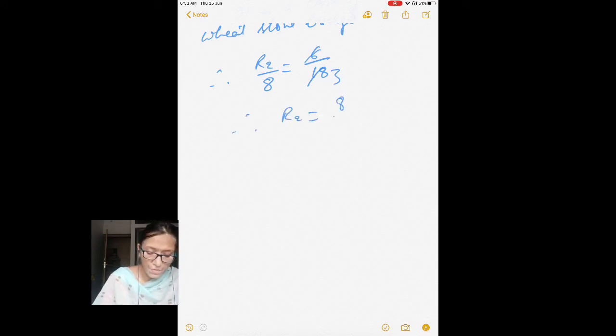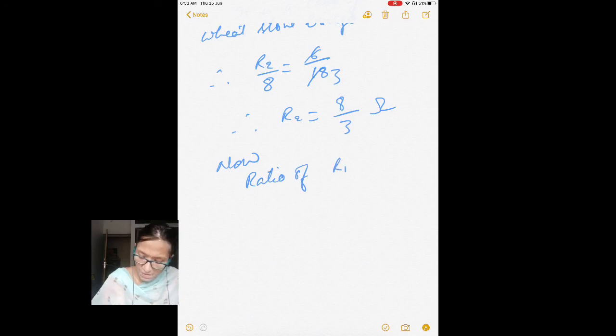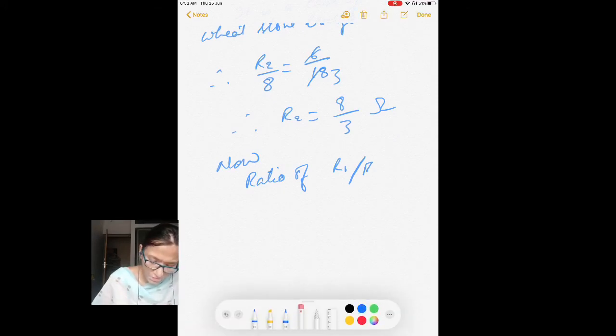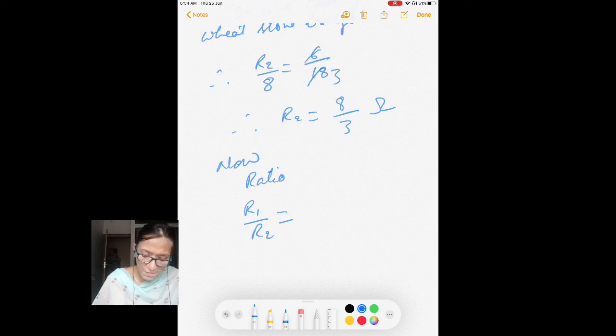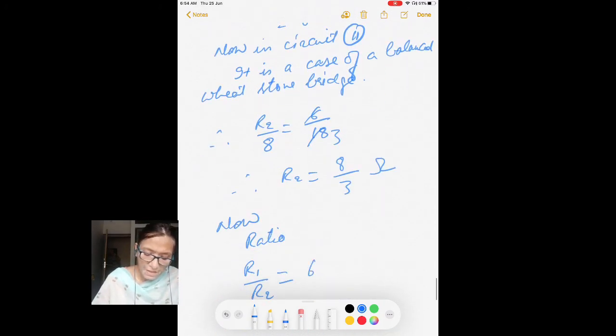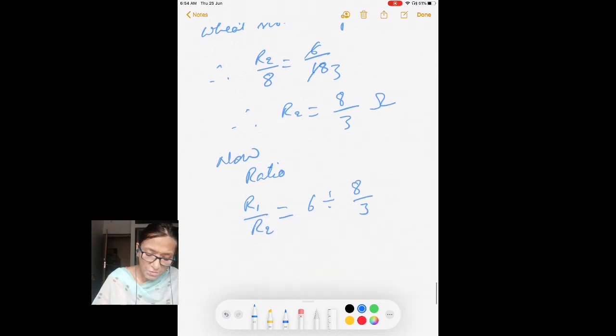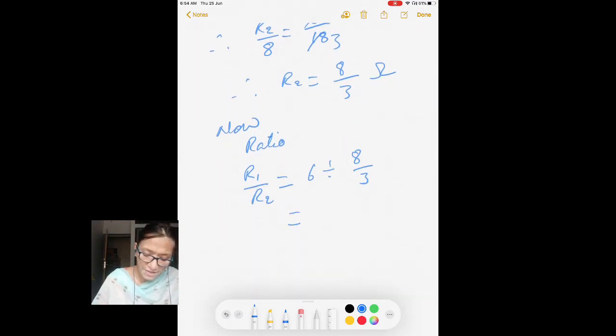Now, the ratio R1 upon R2 comes equal to 6 divided by 8 upon 3, which is equal to 6 ohm into 3 upon 8 ohm.